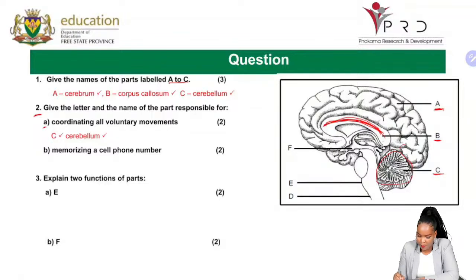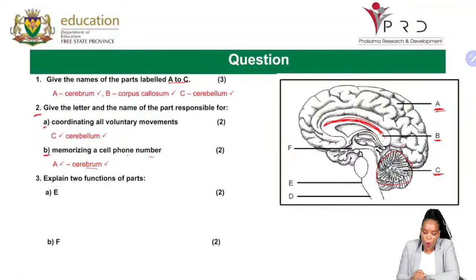The cerebellum. And then, because it is responsible for balance, remember. Then for memorizing, if you are going to memorize a cell phone number, my cell phone number, your friend's cell phone number, which part of the brain are you going to use? Remember, thought process. The cerebrum, the largest part of the brain, which is A.